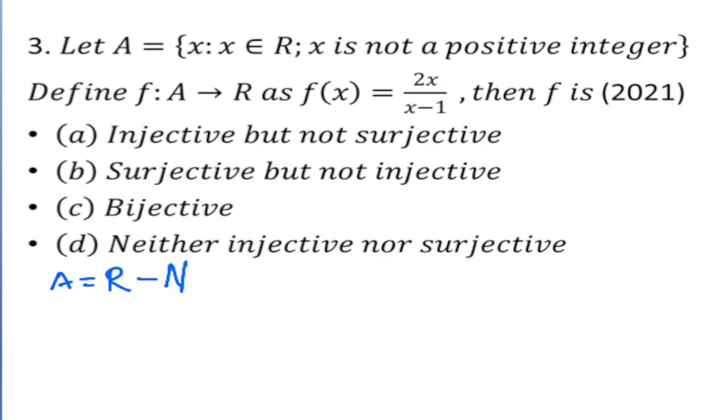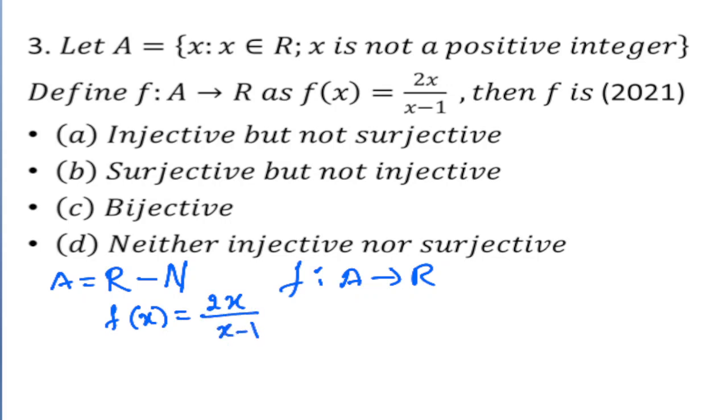Okay, now they have defined a function f from A to R. A is this set, R minus the set of natural numbers, and R is the set of all real numbers. The defined function is f of x equal to 2x divided by x minus 1.